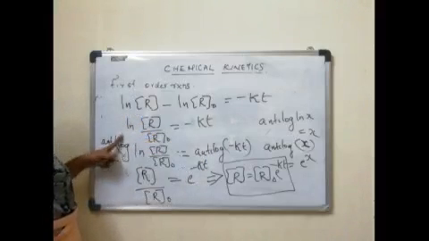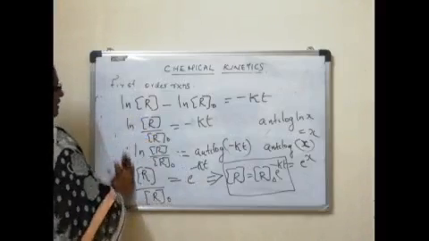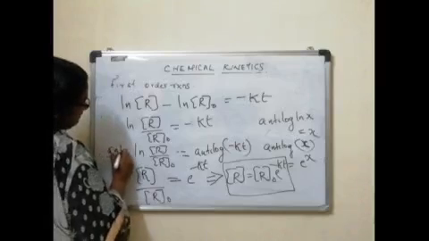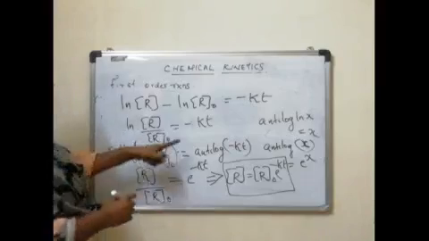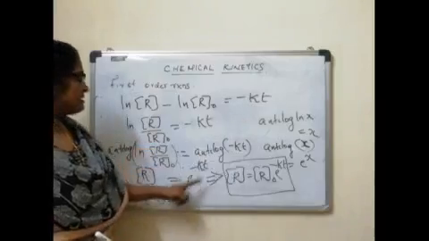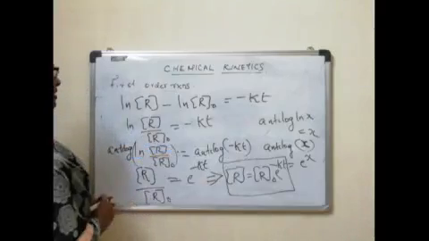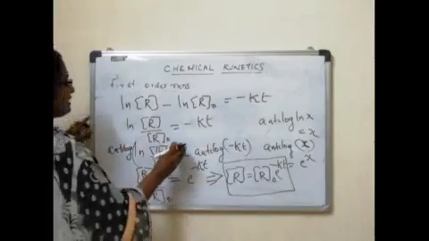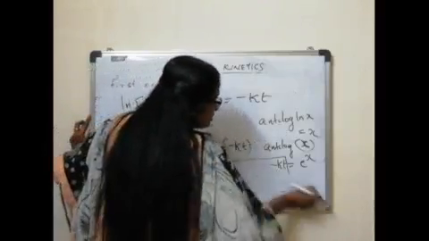In order to remove this ln, we are taking the anti-log. So R by R0 is equal to anti-log of minus KT, which is e raised to minus KT, or we can write R is equal to R0 e raised to minus KT. So these are the different forms of the integrated rate equation for a first order reaction.